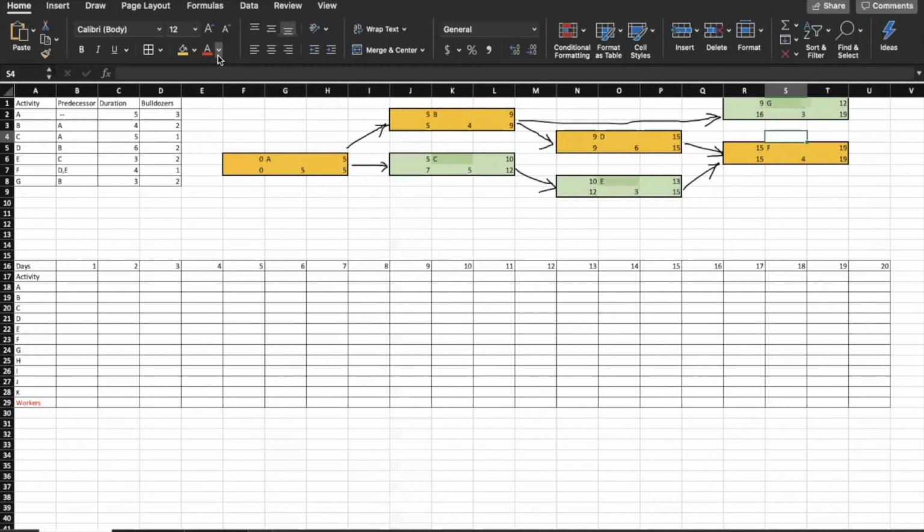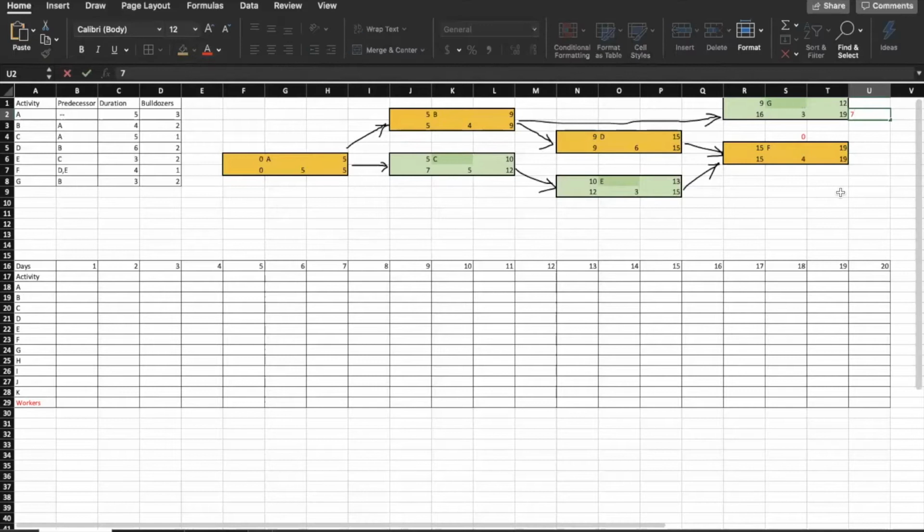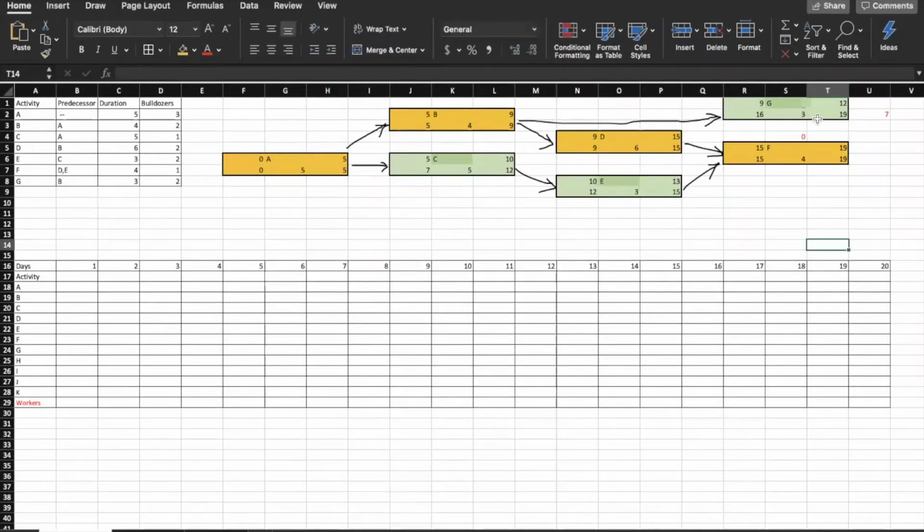So the difference between those would give us the number, and 19 minus 19 is 0, so we don't have any free float for F. Going over to G, we have the free float available because it's not on the critical path, and as we can see, 19 minus 12 is 7 days for G. Going over to D, we see that we have 15 and 15, so there will be no free float, or that would be 0.